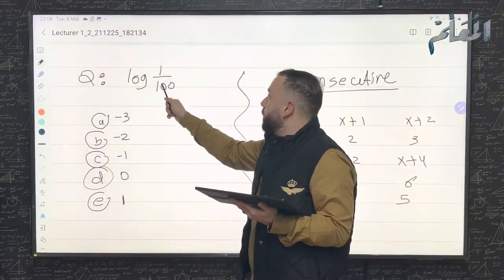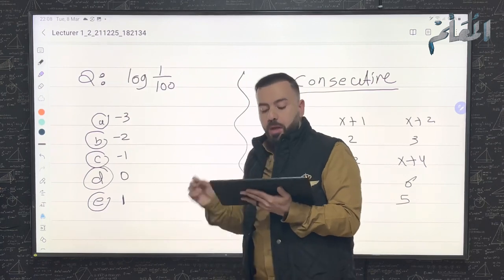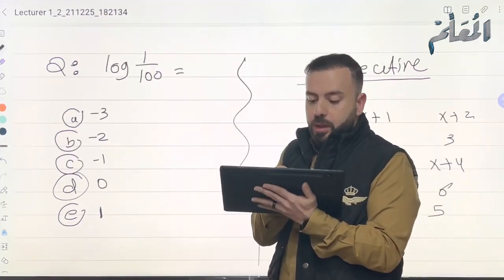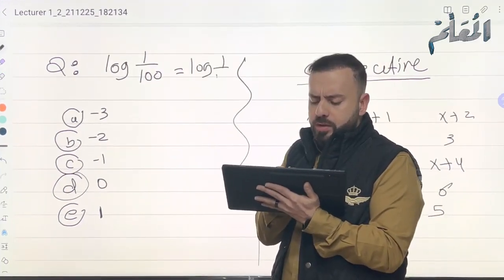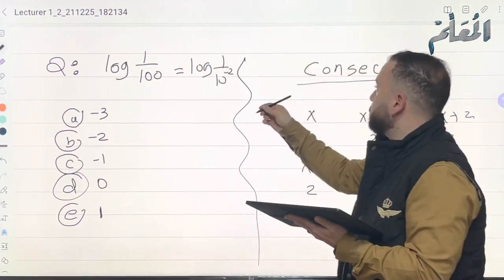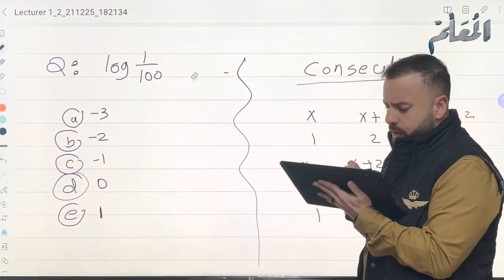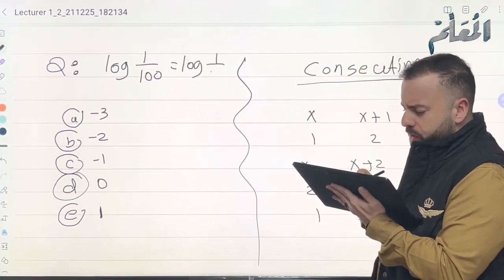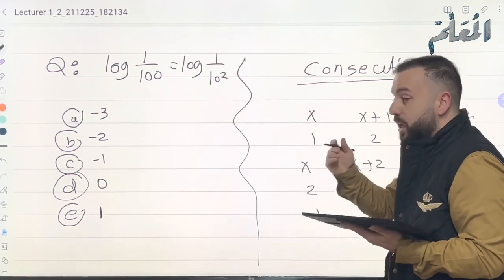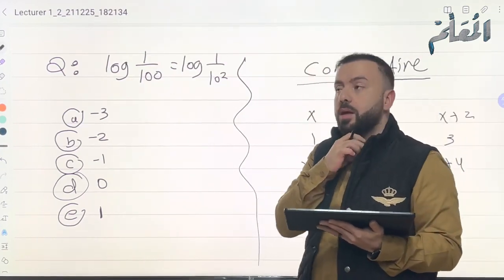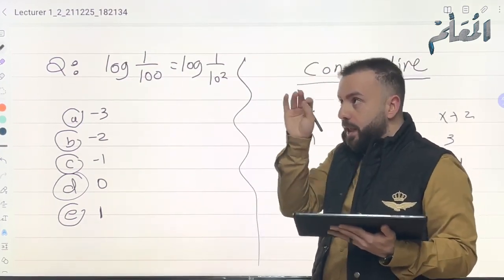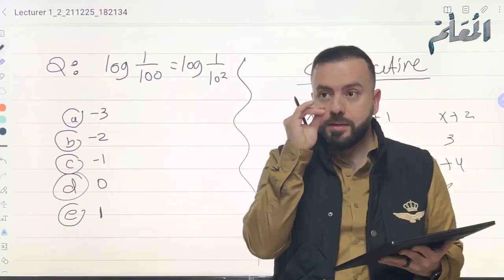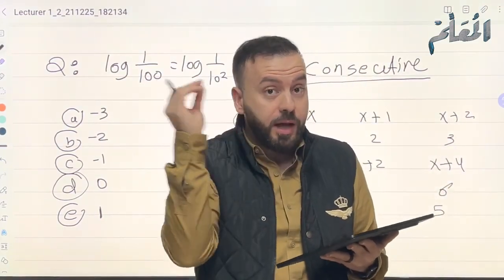So log of 1 over 100, which is equal to log of 1 over 10 to the power 2. Just let me make it clear. Log of 1 over 100 means the same as log of 1 over 10 to the power 2. In the exponent, there are tools and tricks that I need to understand and remember.